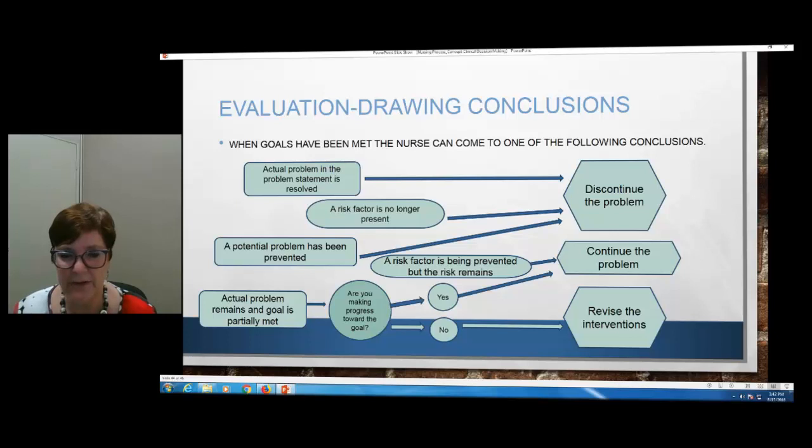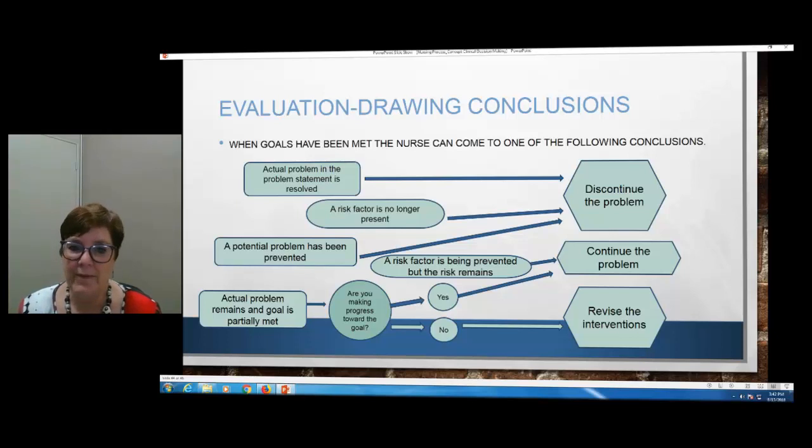Those antibiotics are taking care of it. The patient is coughing and deep breathing, doing their breathing treatments, and they are doing everything that we have asked them to do, and they have received the care that we have laid out in our interventions. So if the patient is getting close to being ready to discharge, we can actually discontinue that problem.